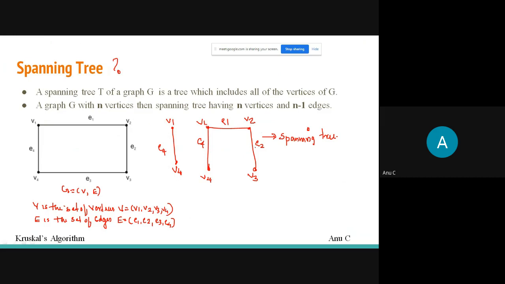So next I am creating another tree from this graph. The vertices V2, V1, V4 and V3, edges E4, E1, E3. And this tree also contains every vertex of this graph. This is also a spanning tree.